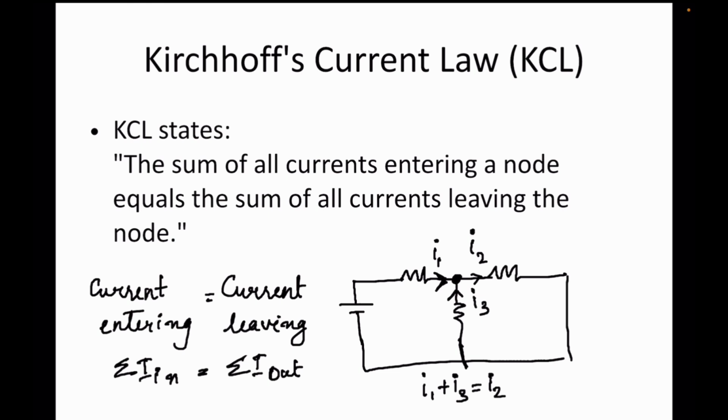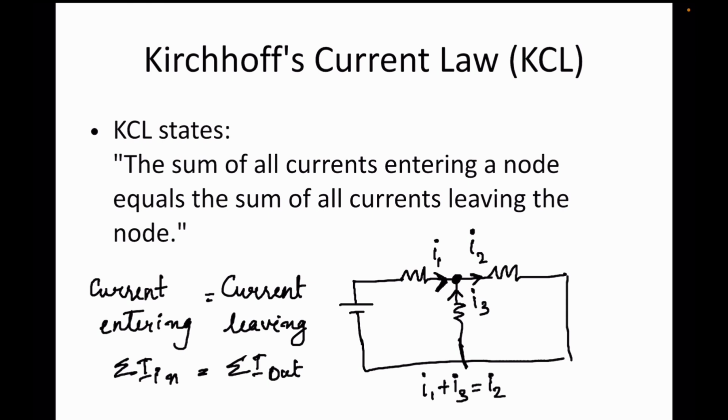Now, this law is based upon the conservation of charges. It means that in the node or at the junction, charge will not accumulate. Okay, charge will not accumulate in the junction. It is just a junction. It just passes the charge to the next branch.